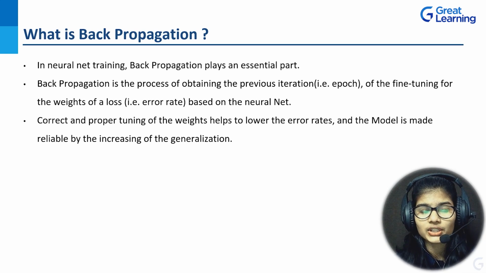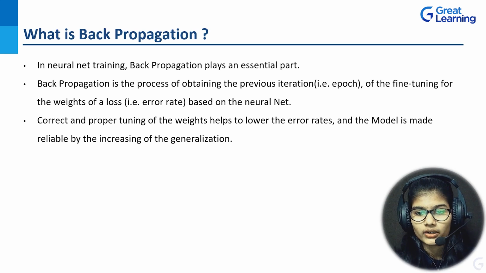It's a process in which we obtain the previous iteration for fine tuning of the error rate based on the neural net, and that proper tuning of the weights helps lower the error rates, and the model is made reliable by increasing the generalization.